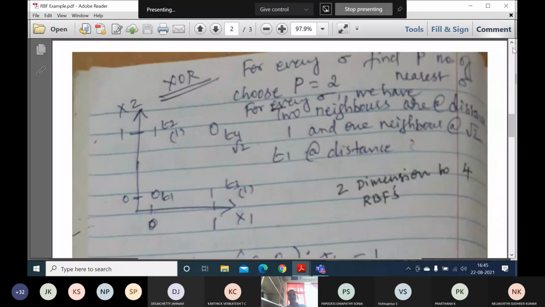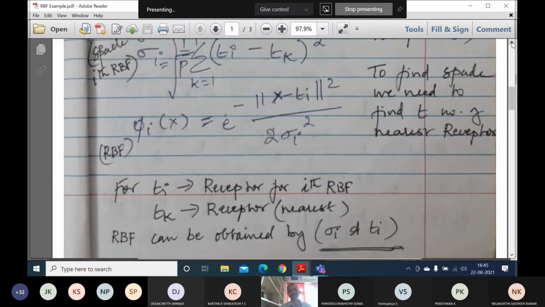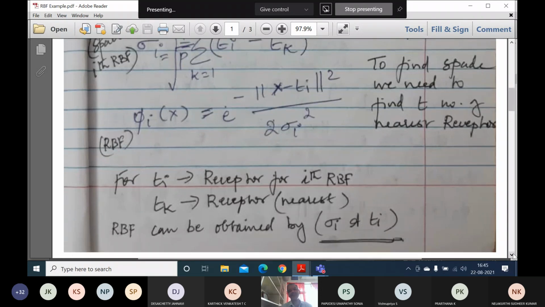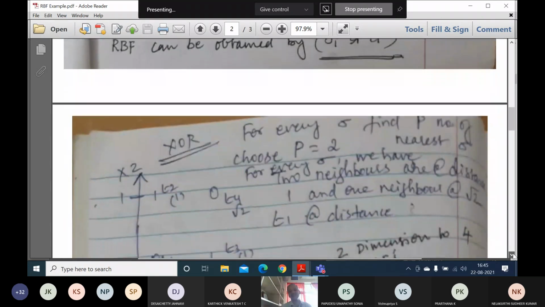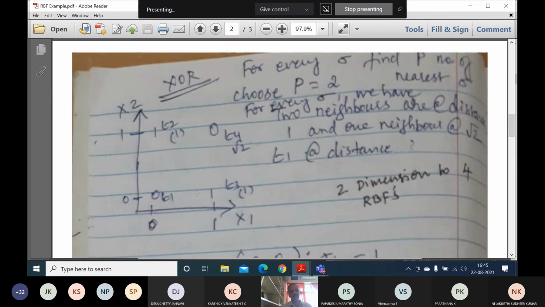For every sigma, sigma is nothing but a spade. For every spade, I need to find the nearest sigma.